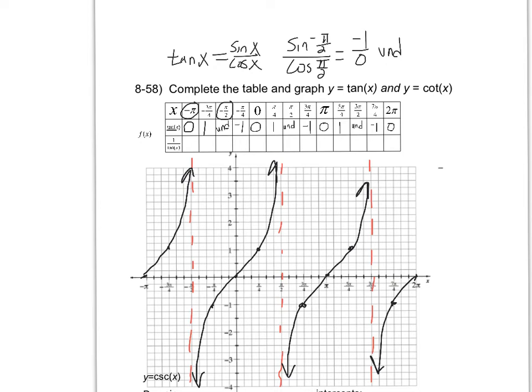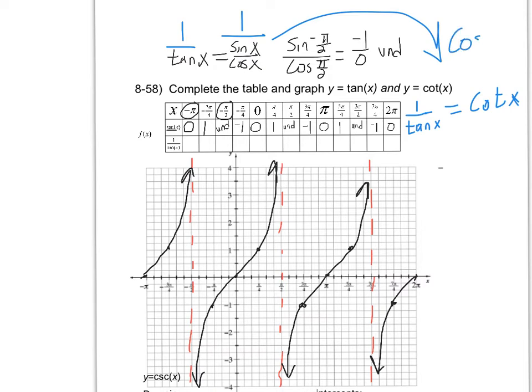Now for the cotangent, if the tangent is sine over cosine, and I'm going to go with 1 over the tangent of x, that's the same as the cotangent of x, then I have to take 1 over the tangent, which means I'm going to take 1 over the sine of x divided by the cosine of x, and that is equal to cosine of x over the sine of x.